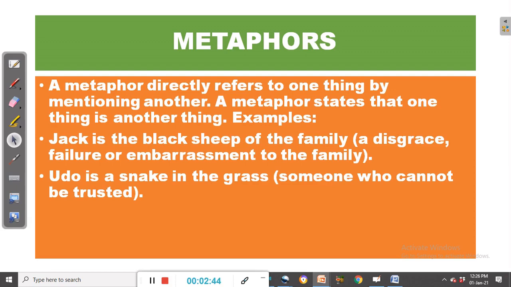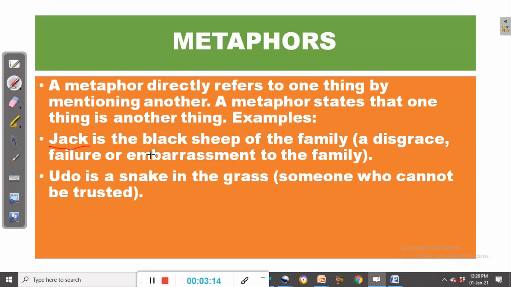So you see a metaphor is always like this, here we have Jack, and then we have black sheep of the family. And when you look at it, of course, it doesn't have literal meaning. It is a figurative meaning. It is metaphorical, if you like.